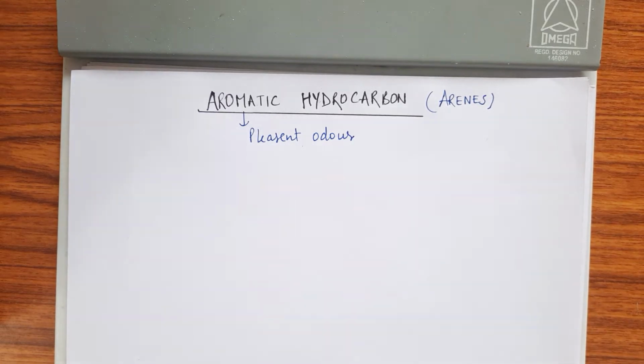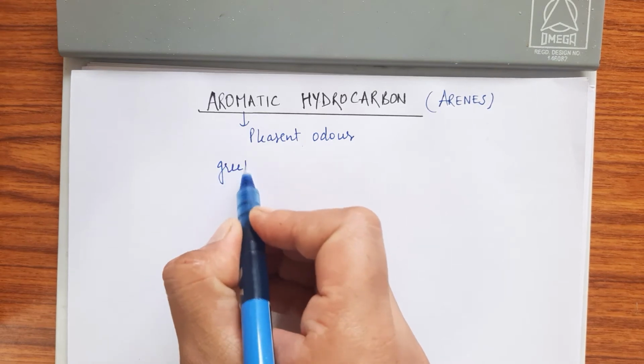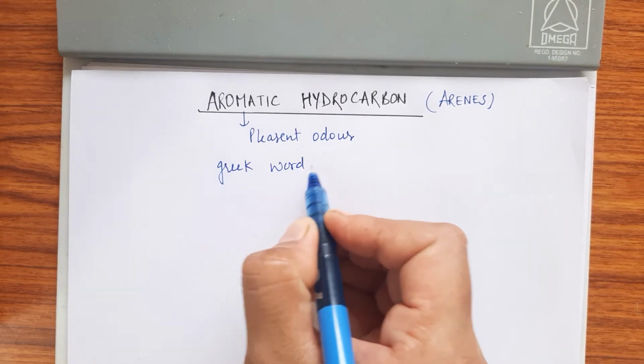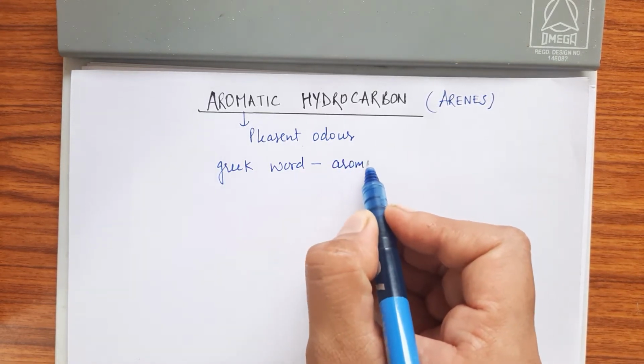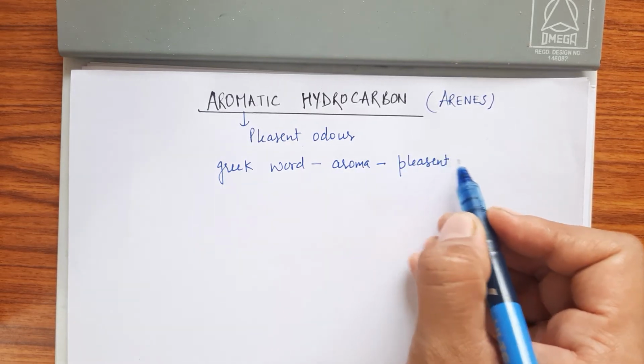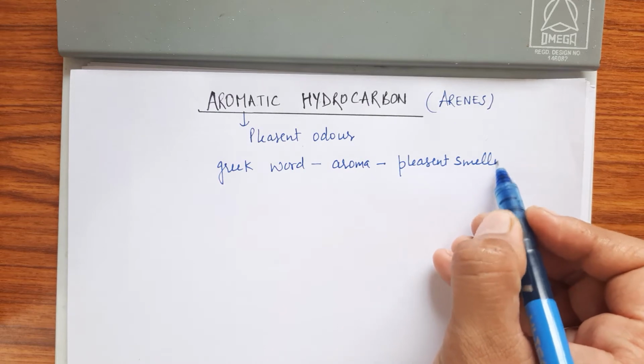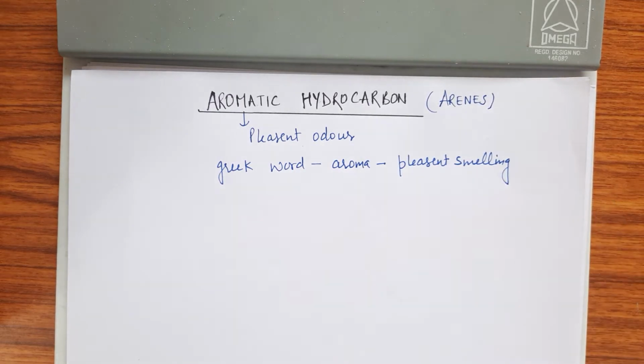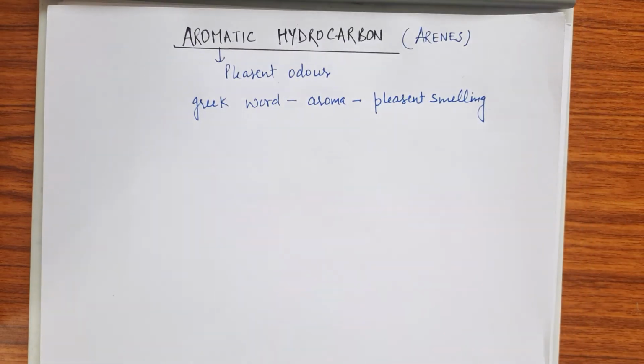The word aromatic is derived from a Greek word, aroma. Aroma is a Greek word which means pleasant smelling. So because of the presence of pleasant smell, they are known as the aromatic hydrocarbons.